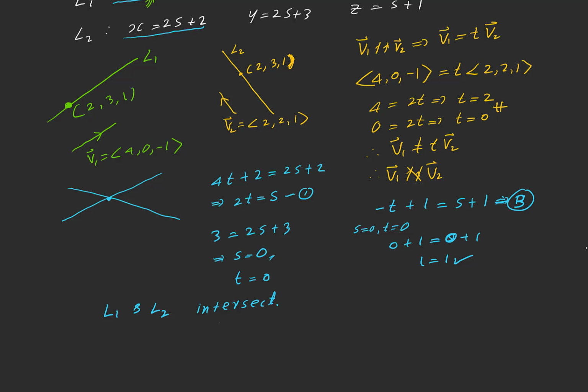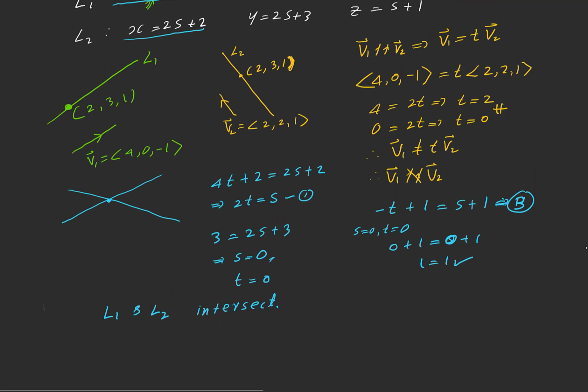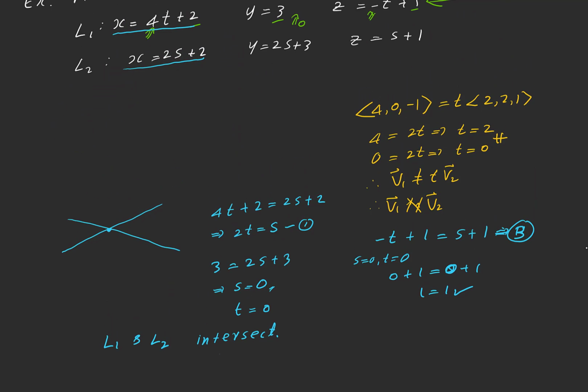Now substituting 0 for s or for t, we can obtain the point. Let me explain this. L1 and L2 intersect. Let me plug in the values s and t equal to 0. For L1, x equals 2, y equals 3, z equals 1.